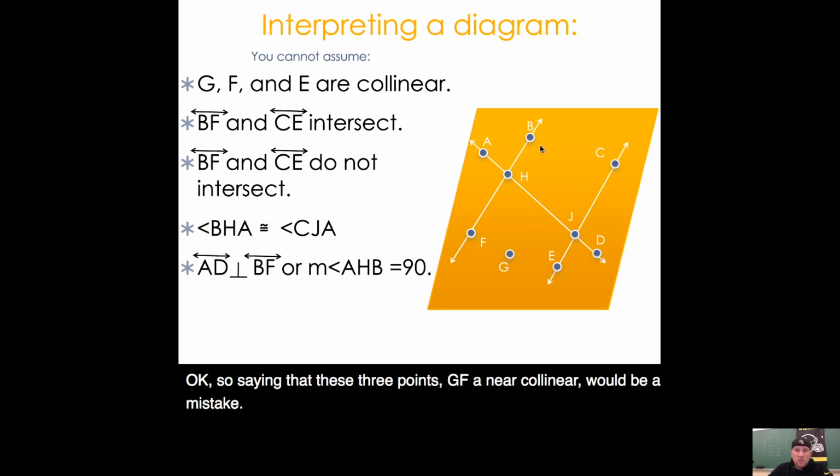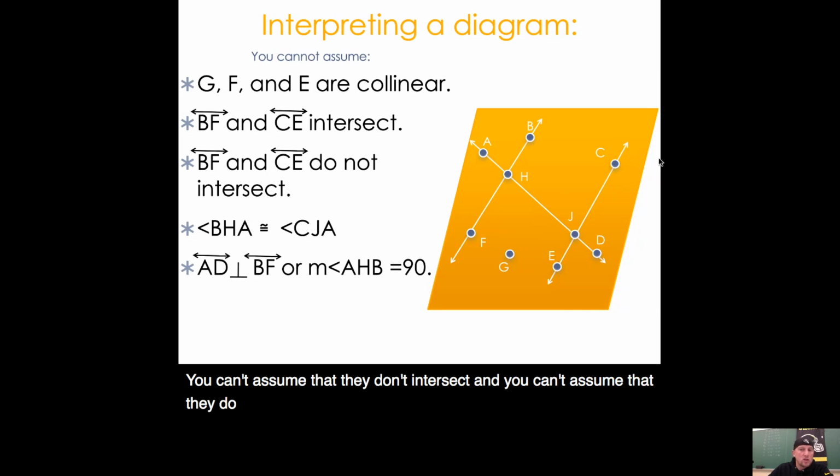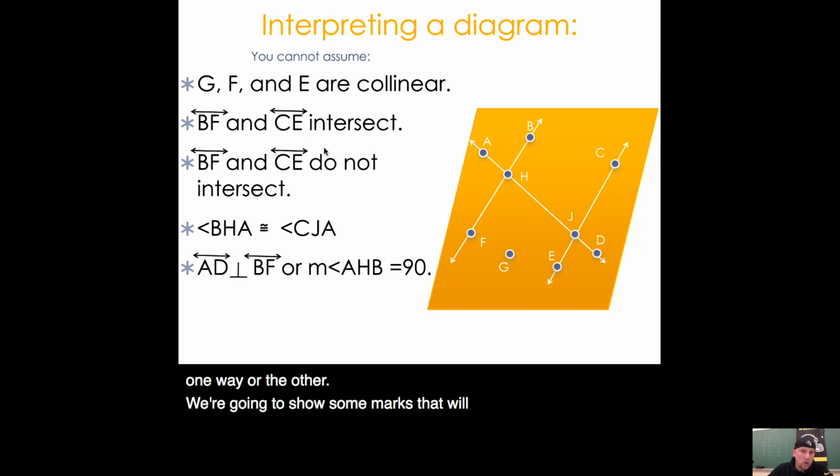Also, line BF and line CE, it doesn't look like they intersect. You can't assume that they don't intersect, and you can't assume that they do intersect. If it's not showing them intersecting, don't assume one way or the other. We're going to show you some marks that will indicate if they don't touch.